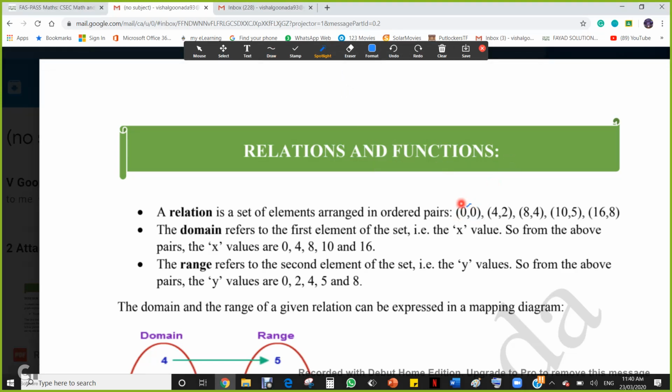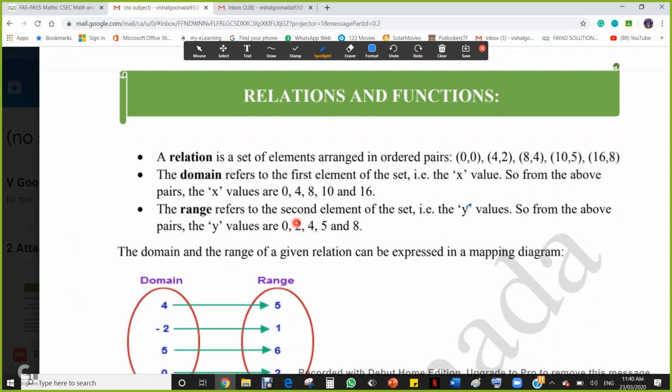This red thing? Yeah. Okay, so the first set of values is called the domain, right? It refers to the set of first elements in the set, which is the x value. So we have 0, then 4, 8, 10, 16. So you can see them here, right? 0, 4, 8, 10, and 16. The range, however, refers to the second element of the set, so that is the y values.